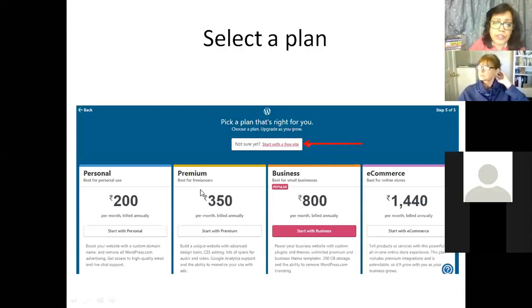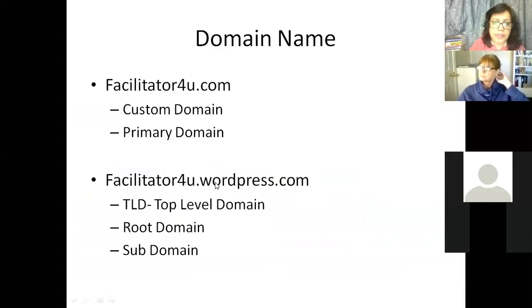Next is the root domain. Here the root domain is WordPress. Here the root domain was facilitator for you. So there is a difference between the two domains, as you can see. Here, facilitator for you is a subdomain of wordpress.com. So as we keep on moving towards the left from the TLD, first we come across the root domain, and then is the subdomain, and then further you can have another subdomain.